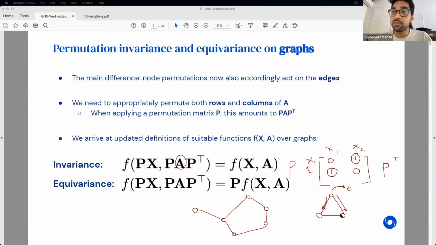Let's first consider a case where all of them have the same node features. That means this update step, this second update step, and this third update step... I actually drew it in reverse. If you consider message passing, then messages are incoming, not outgoing.